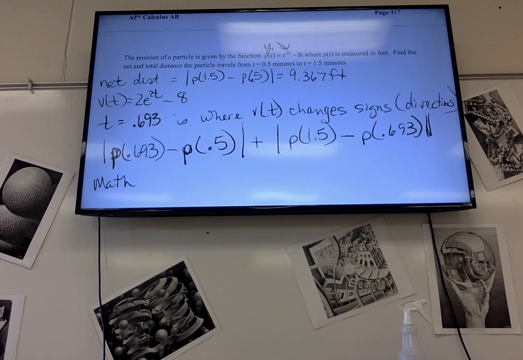It is Y2 this time. No, I lied. Because P, we're still doing P, so it's still Y1. Absolute value of alpha Y1 of 0.693.